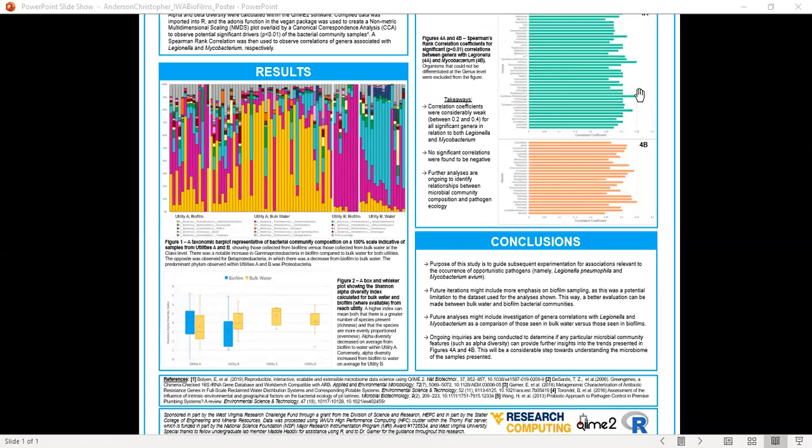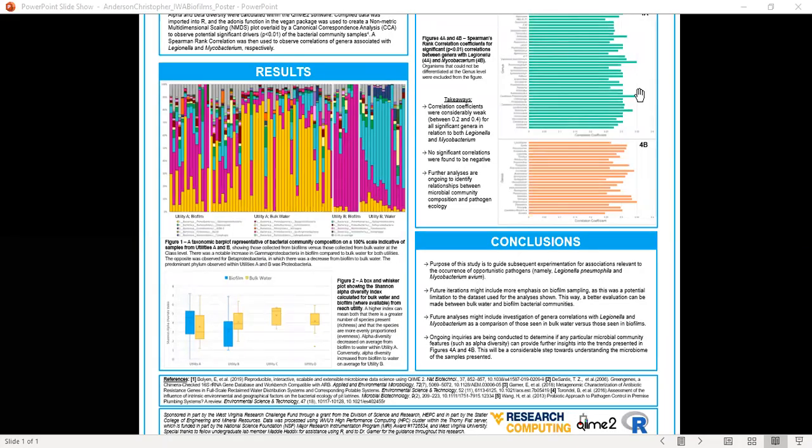The overarching goal is to find some hint or some guidance within this multitude of data so that we can manipulate a specific variable in a laboratory experiment that might prove, for example, that the occurrence of this bacteria hinders the occurrence of Legionella pneumophila.